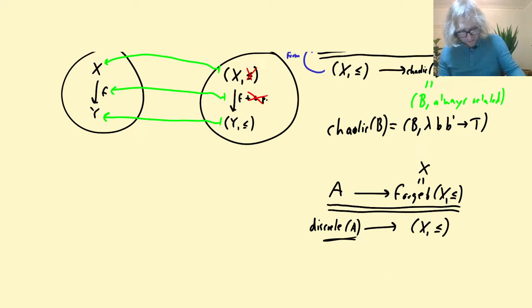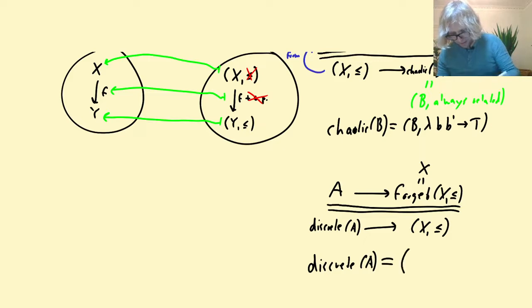So let's see if we can do this. So we are saying that discrete of A, again, we need the underlying set to be A, otherwise there's no way we can use this function up here. And then we're saying that the order itself should just be equality, right?